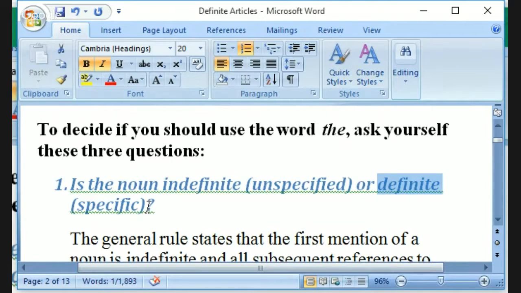So when you think about whether it is unspecified or specified, you're thinking: is it specified or unspecified to the listener? Does the listener know exactly which one you're talking about or not?